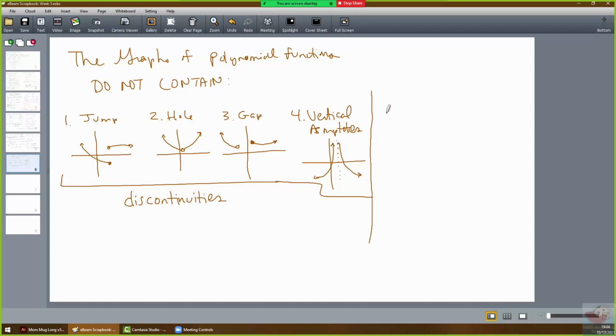The next two are also related. Graphs of polynomial functions do not contain cusps. A cusp is a sharp point created by two curves. And the last one is a corner, and that's a sharp point created by straight edges.